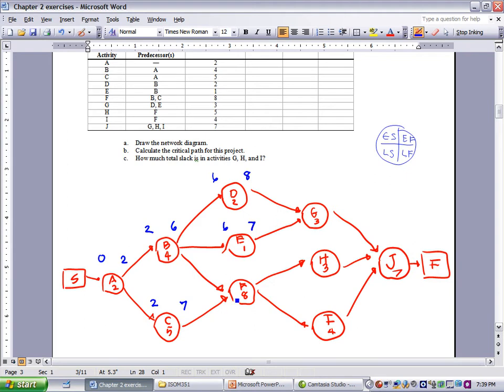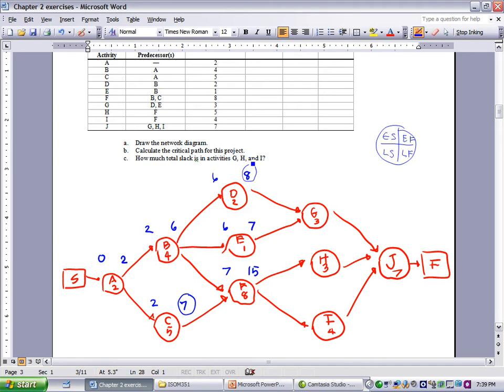You can see from activity F that activity F has 2 activities leading to it, one from B and one from C. To go forward, we pick the larger one, which is 7. This G also has 2 activities to go forward.